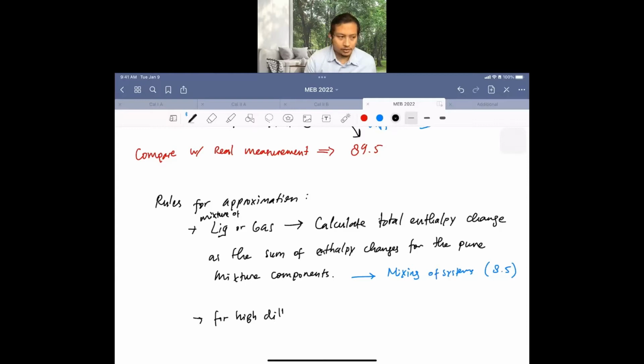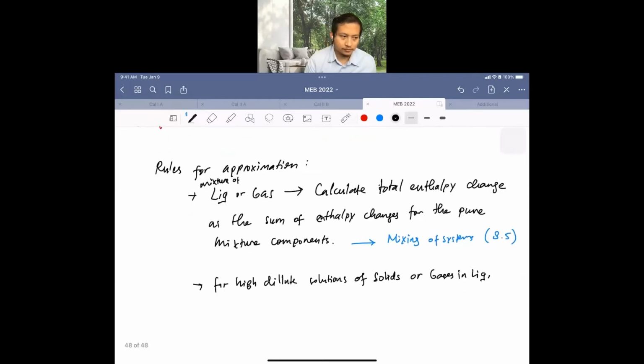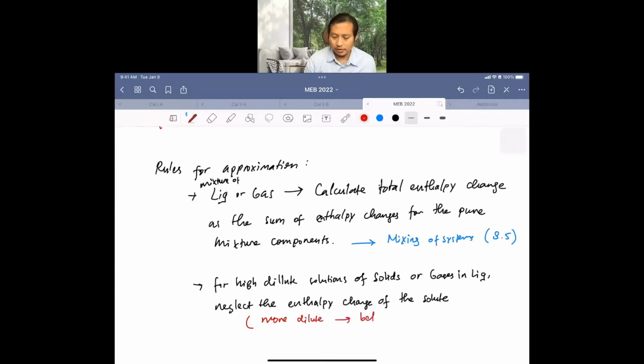For highly dilute solutions of solids, or gases and liquids, we need to neglect the enthalpy change of this solid. So the key is, the more dilute, the better the approximation.